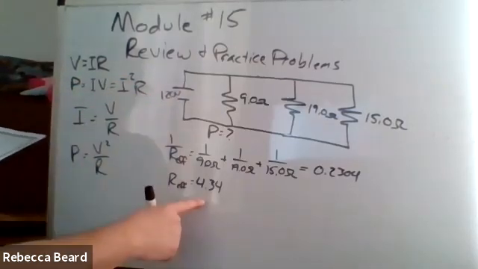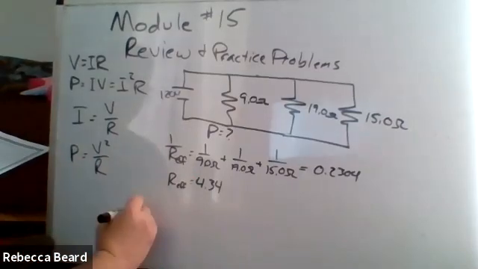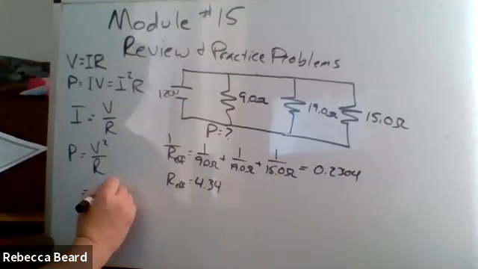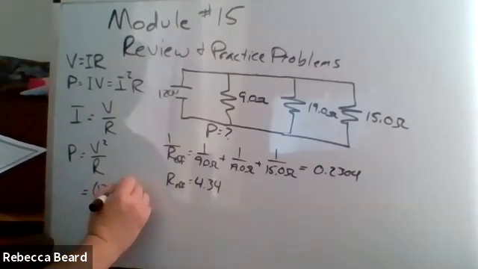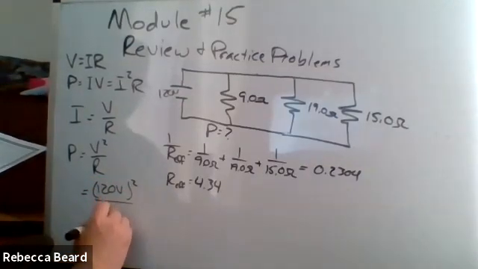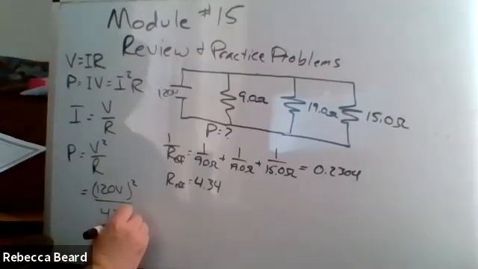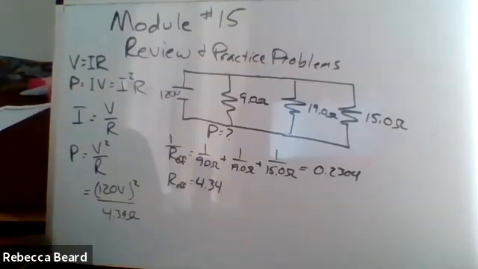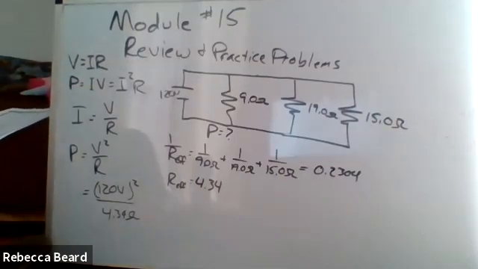So we've got voltage, we've got effective resistance. Power is going to equal 120 volts squared over 4.34 ohms. 120 squared and 4.34 divide.